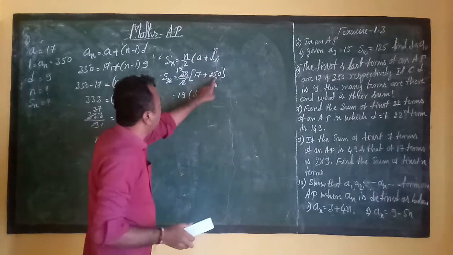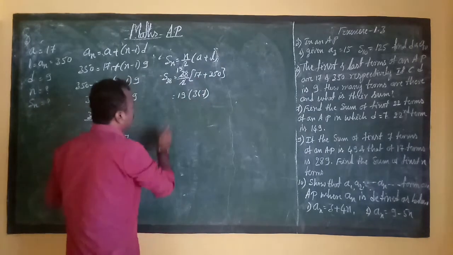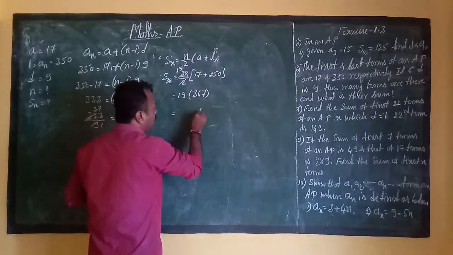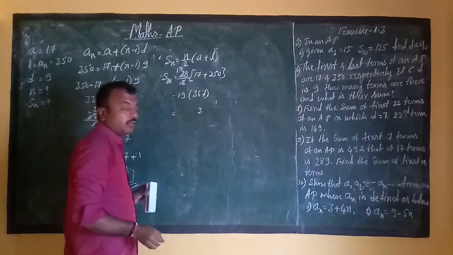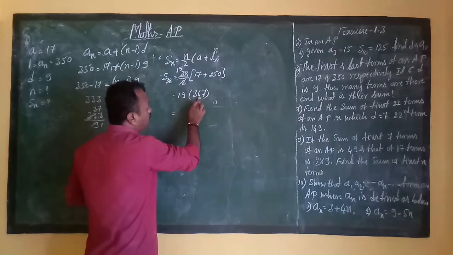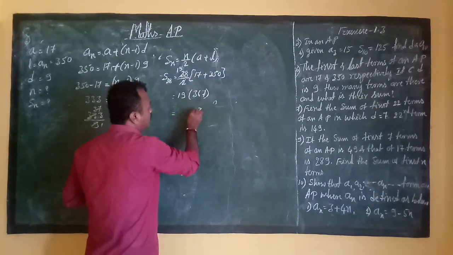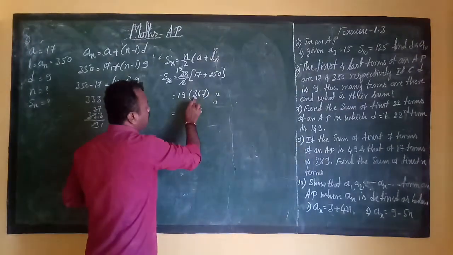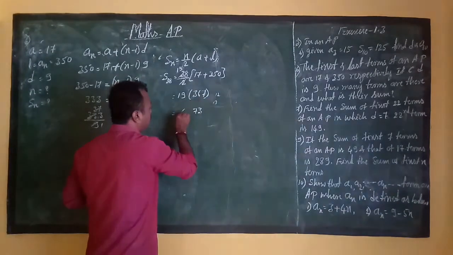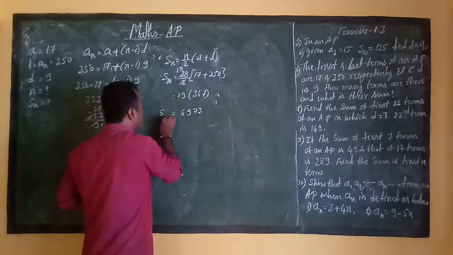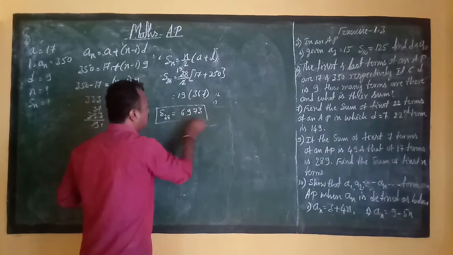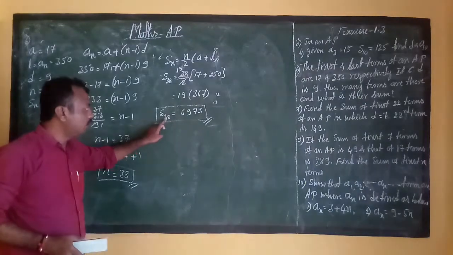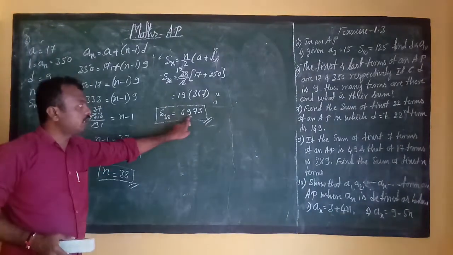So multiplying 19 into 367: 19 sevens are 133, remaining is 13. 19 sixes are 114, 114 plus 13 is 127. So 7 carried 12. 19 threes are 57, 57 plus 12 is 69. So this is S38: 6973.